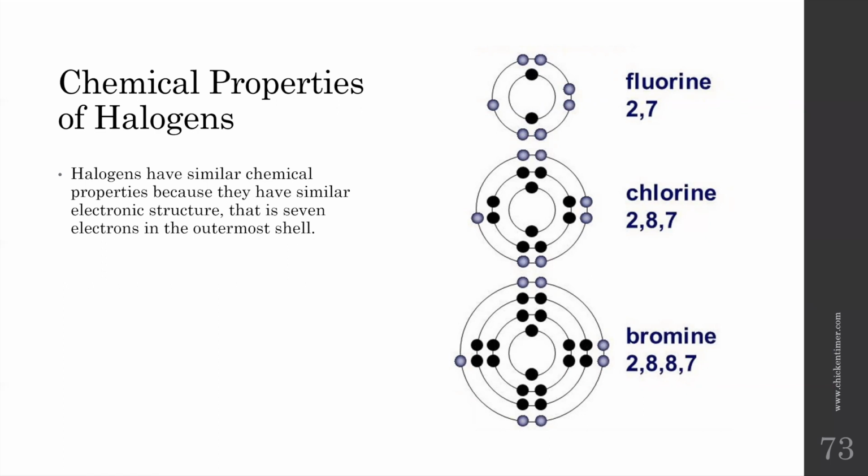That means they are talking about chemical reactions. Chemical reactions depend on their valence electrons. This is what we know from earlier. When we did alkali metals, it's also like that. So they have similar chemical properties because they have similar electronic structures. So over here, you see the electronic structures.